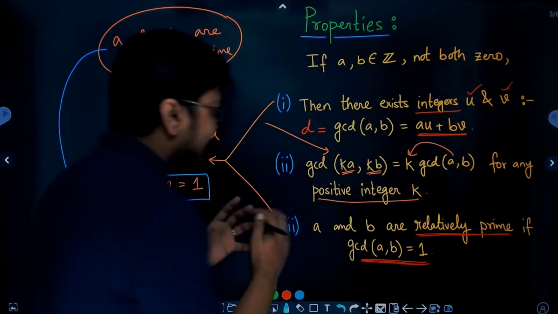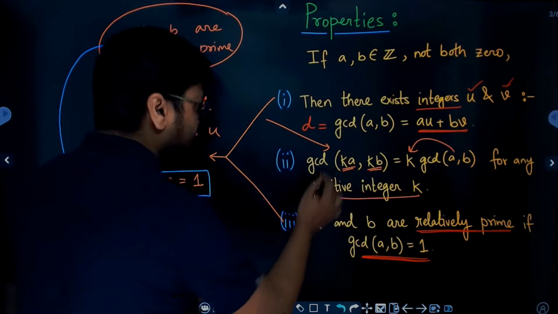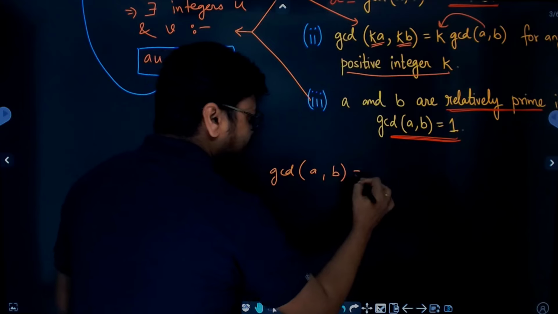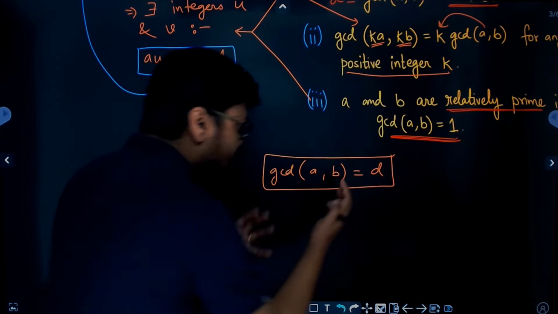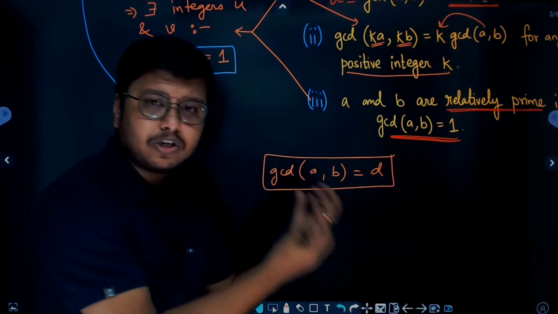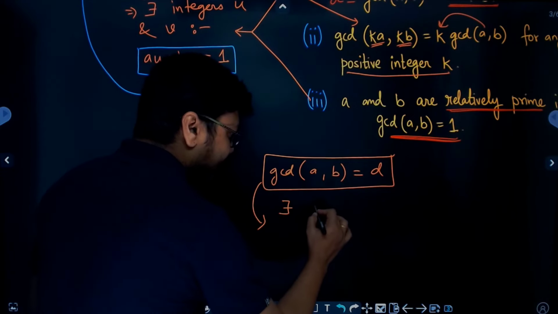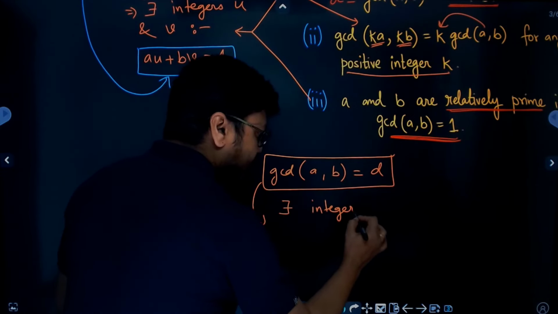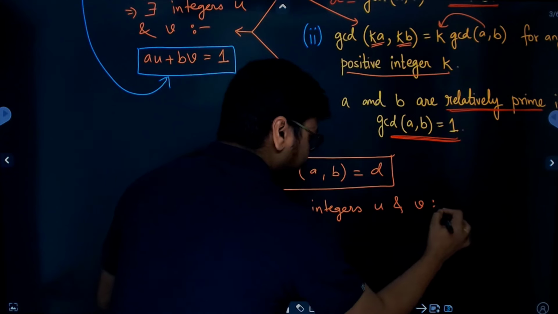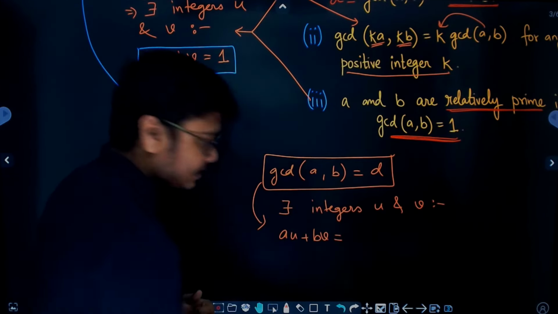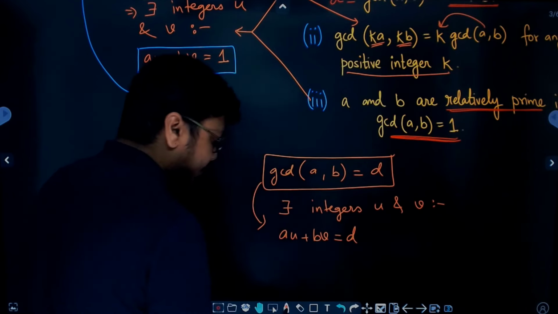Similarly, if someone gives us information that GCD of two numbers is D, then how can I convert this information into an equation? The equation version would be that there exists integers u and v such that AU plus BV equals the GCD, being D, right?